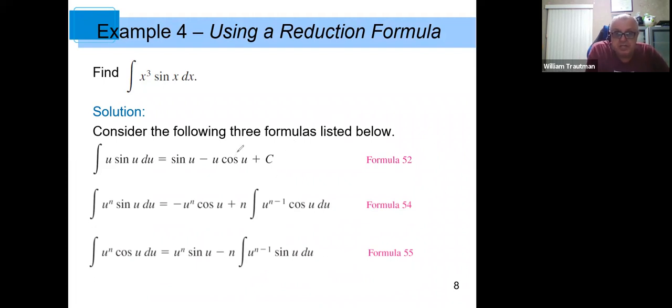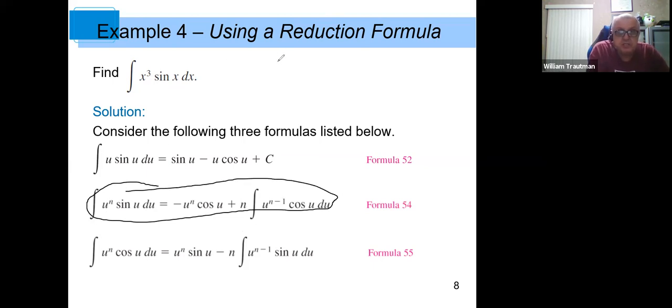If you look at 52, 54, and 55, we have a sin u, and all of these have a sin u. Well, this one doesn't, so we're not going to use that one at first. But since this is u to the third, in this problem we're going to start off with formula 54.